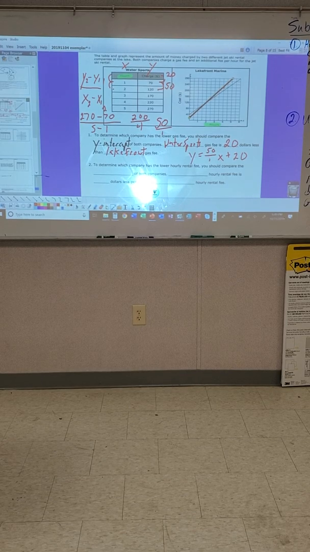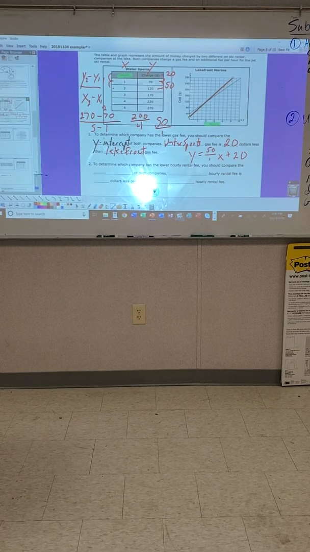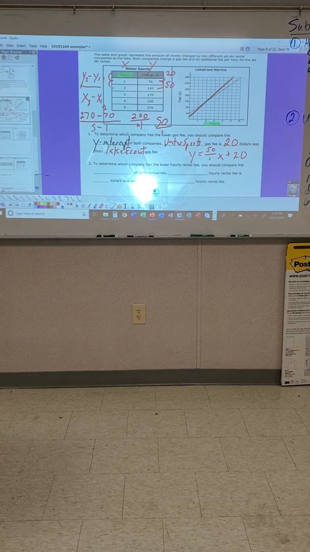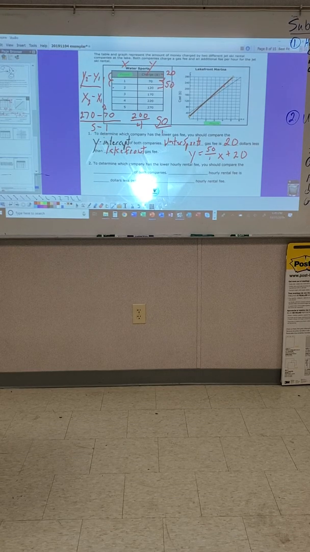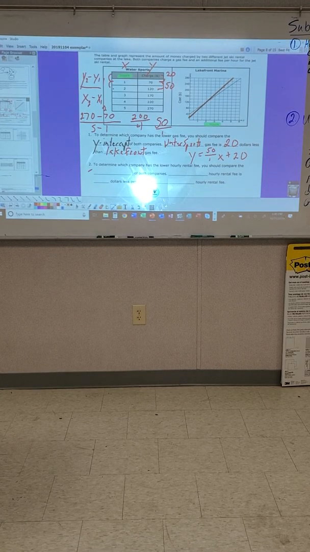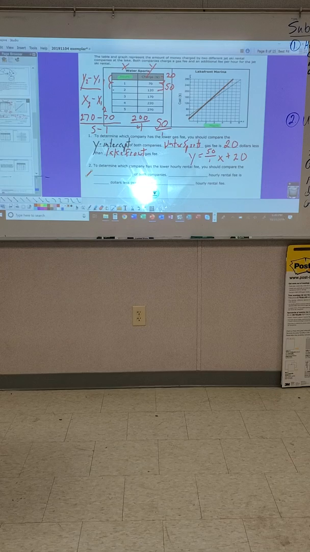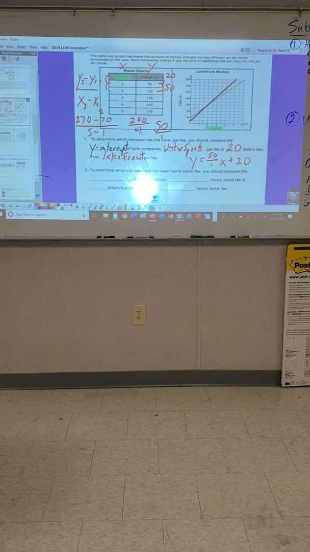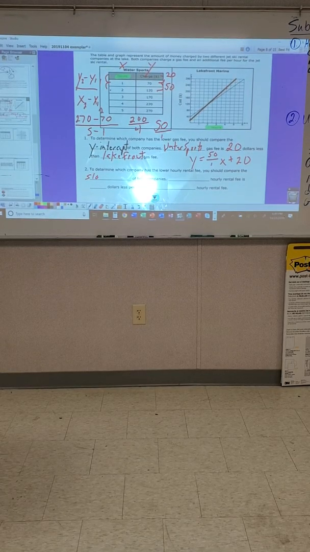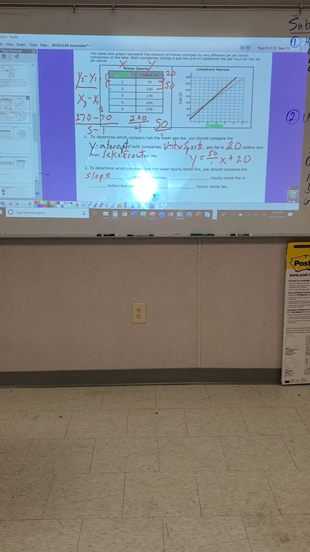So let's take a look at question 2. To determine which company has a lower hourly rental fee, you should compare the slope of both companies.